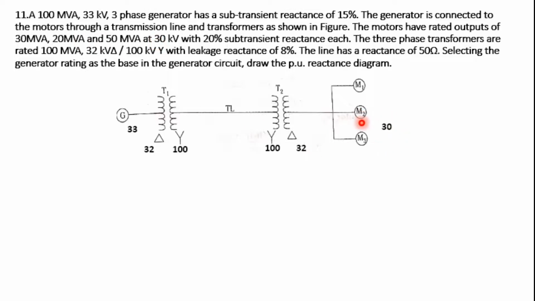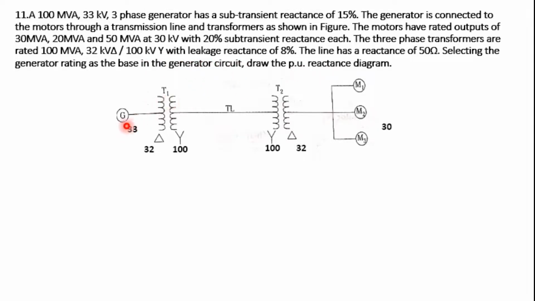These are working at 30 kV with a subtransient reactance of 20%. The transformer rating is 100 MVA, 32 kV delta, 100 kV star side, with a leakage reactance of 8%. The line has a reactance of 50 ohm. Selecting the generator rating as the base in the generator circuit, draw the reactance diagram.